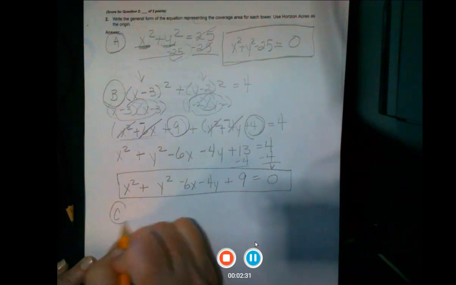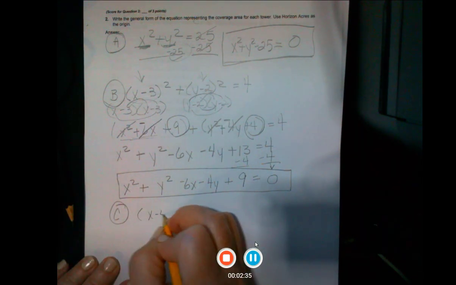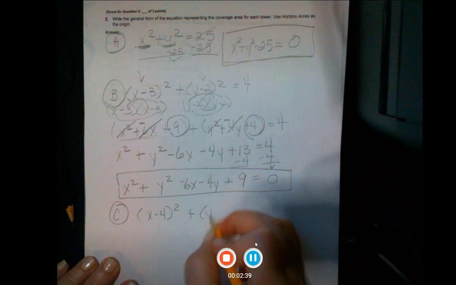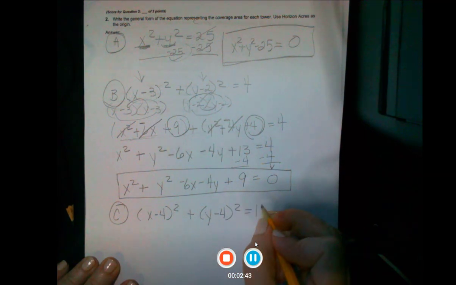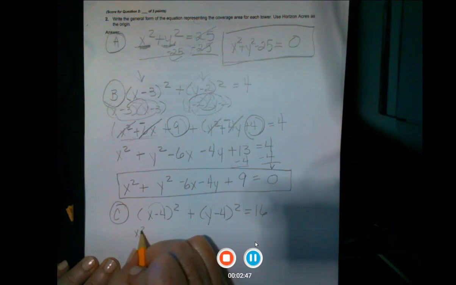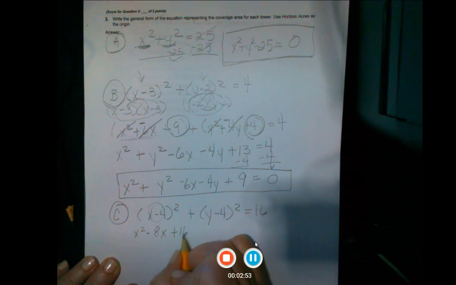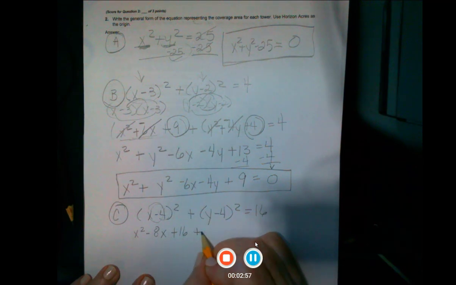All right, we have one more to do. That last tower, the equation that we wrote was x minus 4 squared plus y minus 4 squared equals 16. FOIL this, and we get x squared, we have a negative 4x and negative 4x, minus 8x plus 16. Negative 4 times negative 4 is 16.